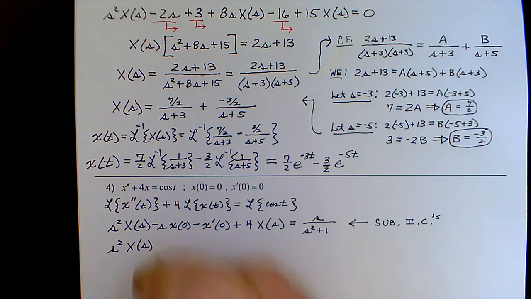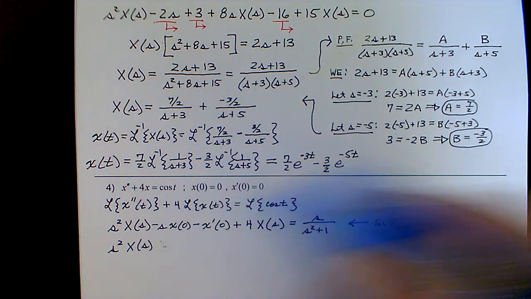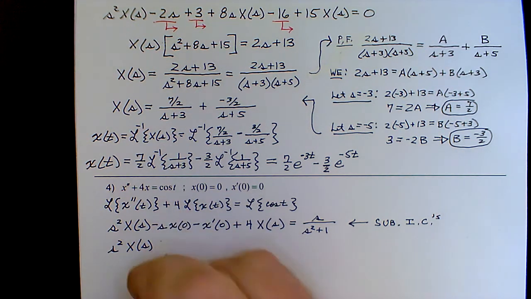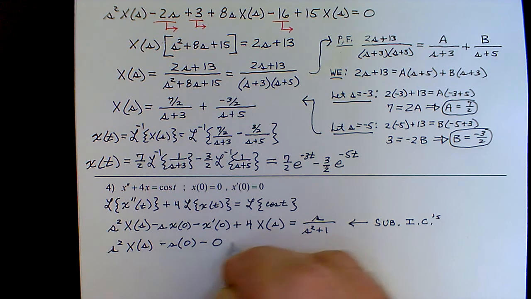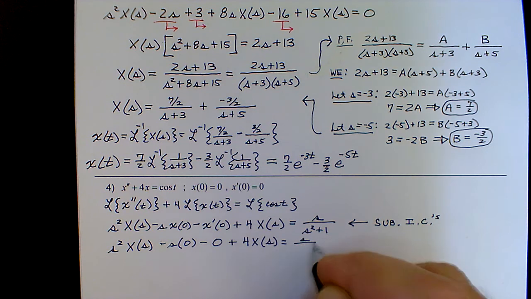Making it a little bit simpler. I'll show it anyway, so you show an extra step. So minus s times 0 minus 0 plus 4 X of s is the s over s squared plus 1.